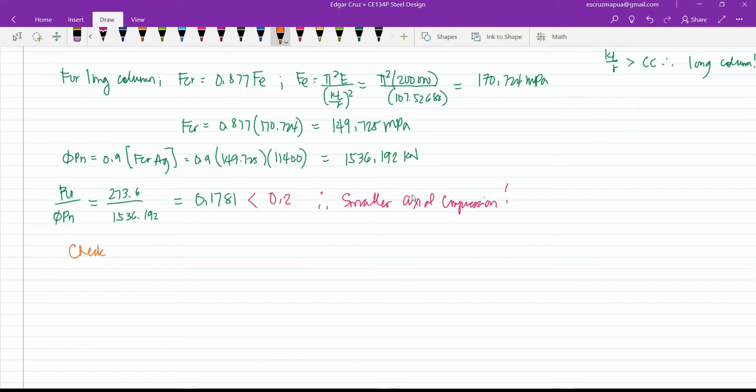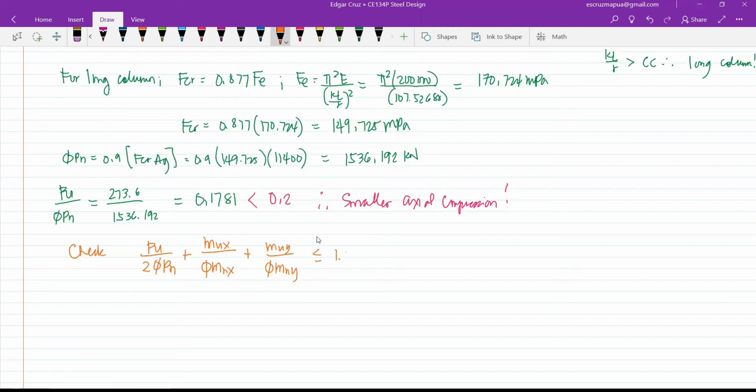So, ibig sabihin, maliit yung axial, gagamitin mo yung 1/2. Yung may 1/2. PU over 2 of phi PN, di ba? Tapos plus MUX over phi MNX plus MUY over phi MNY should be less than or equal to 1.